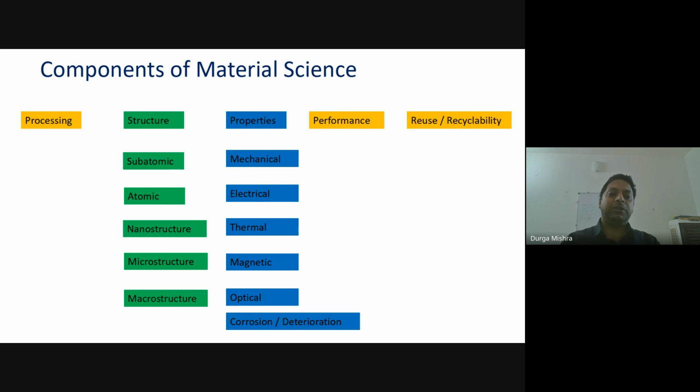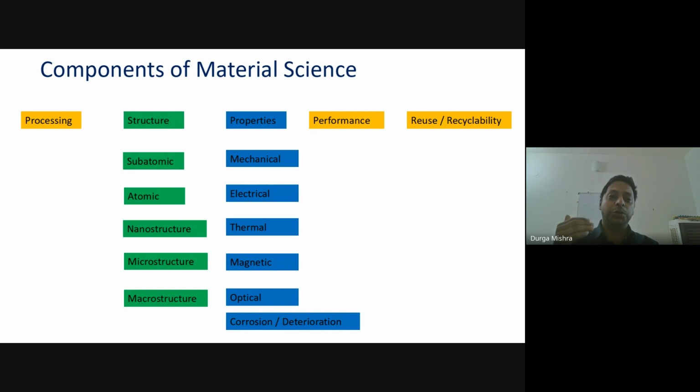Then the next hierarchy here will be the nanostructure. So that means you will be making structures which are, let's say, from 10 nanometer to 100 nanometer range. So in that dimension, you build materials. So that is a nanostructure. Then the next level is a microstructure, which is typically from a few micron up to probably a few millimeter.